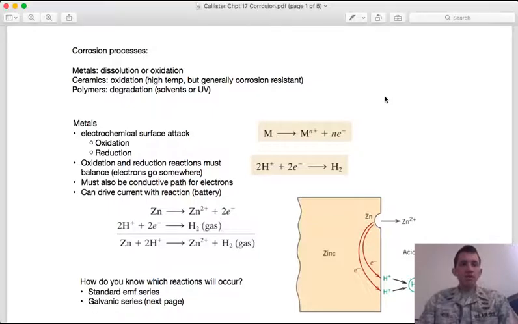Ceramics and polymers don't have this same oxidation or dissolution reaction.